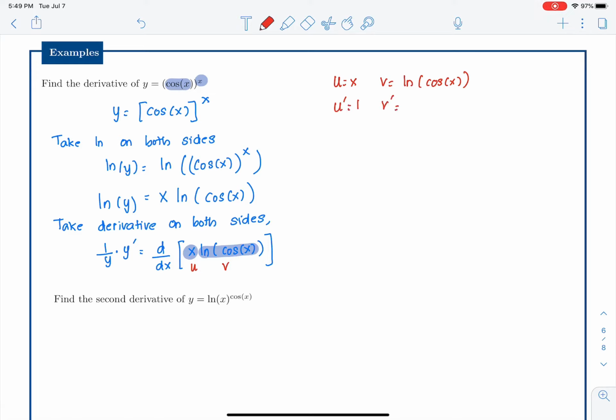For v prime, we have cosine of x, which is a function within ln, so we have to use chain rule. So 1 over cosine of x multiplied by the derivative of cosine of x, which is negative sine x. So u prime is 1 and v prime is negative sine x over cosine x, which is negative tangent x. That's just a trigonometric property.